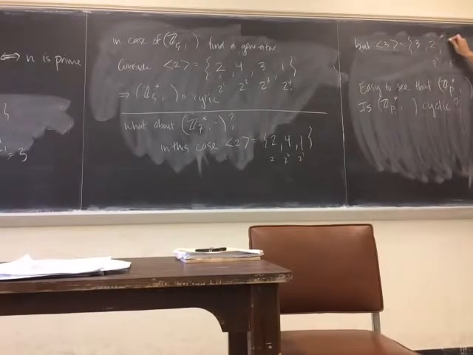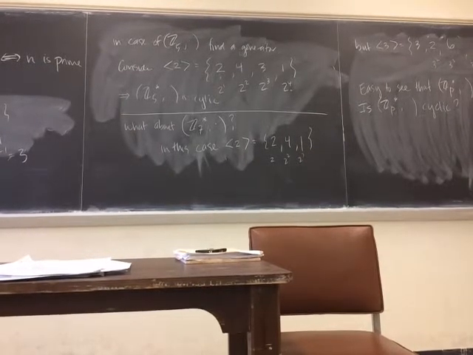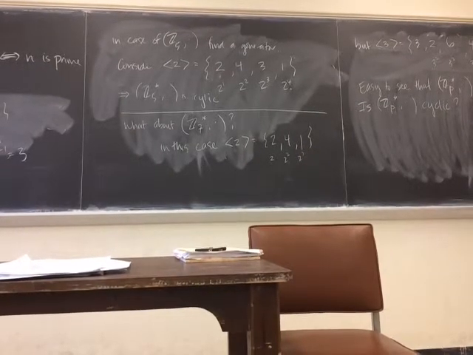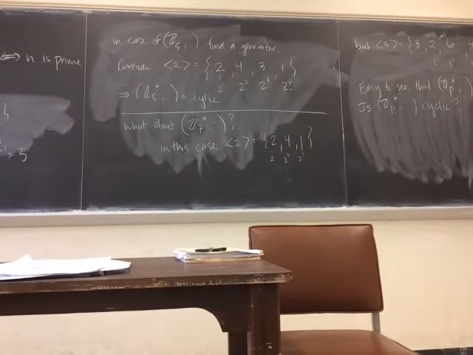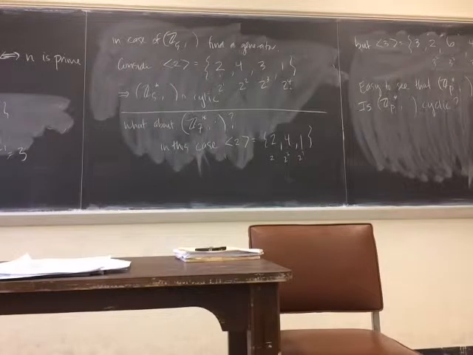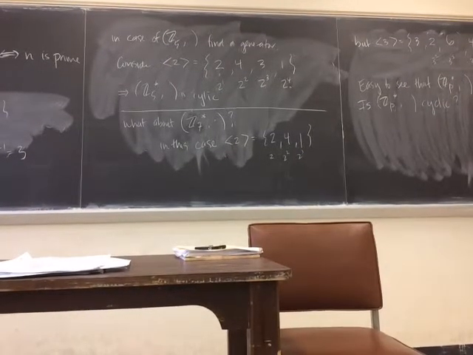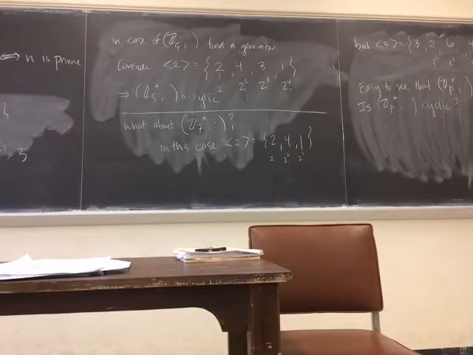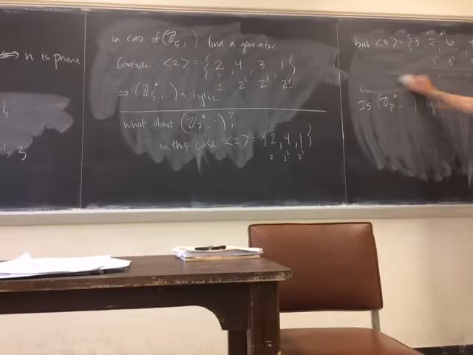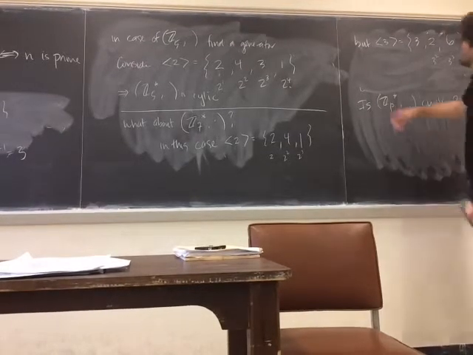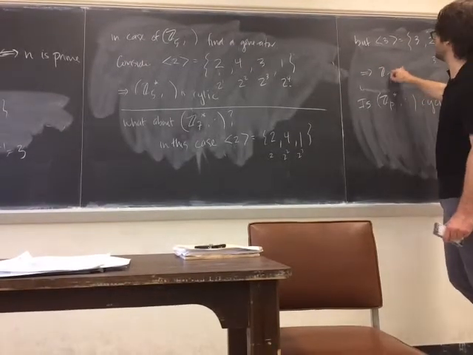This times 3, which is 6. 3 to the 4th is 4. 3 to the 5th is this thing times 3, which is 5. 3 to the 6th is this thing times 3, which is 1. And that's the whole thing, right? 1, 2, 3, 4, 5, 6. Okay, so again, it's cyclic. So the conclusion is that Z7 is cyclic.